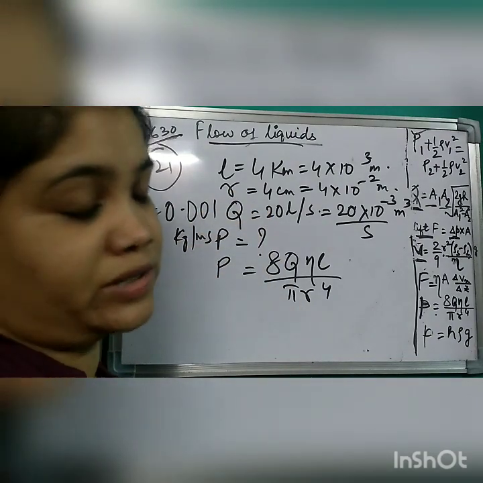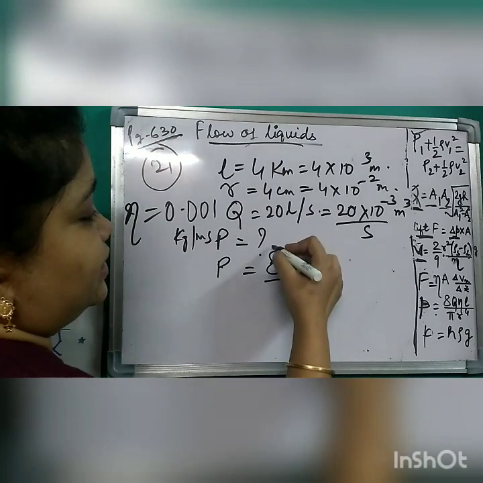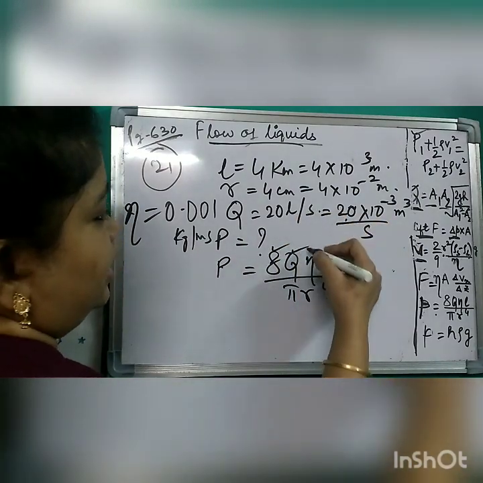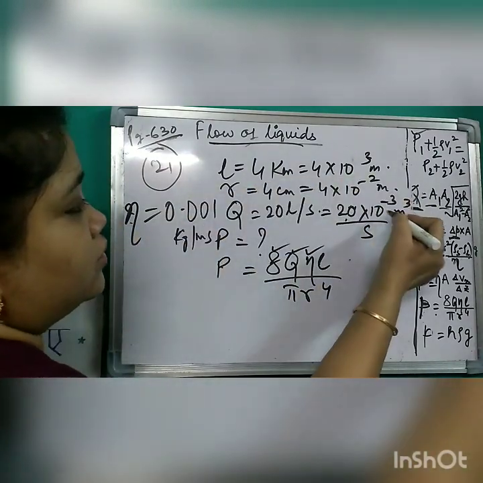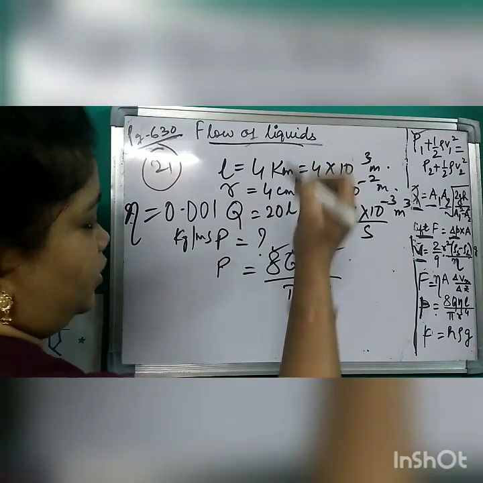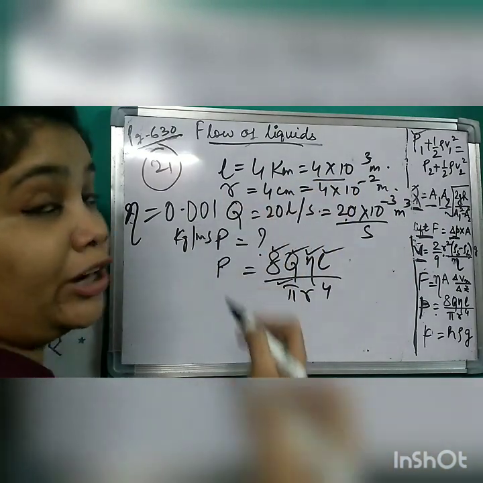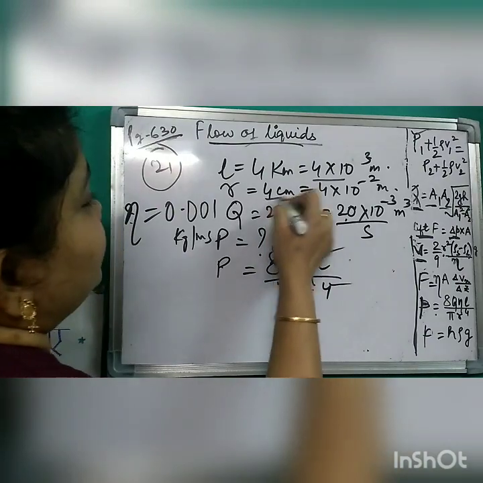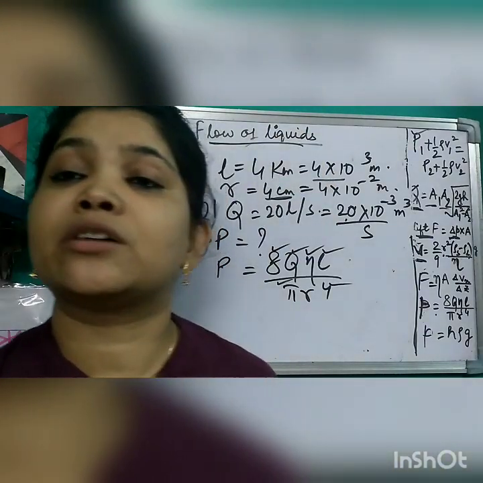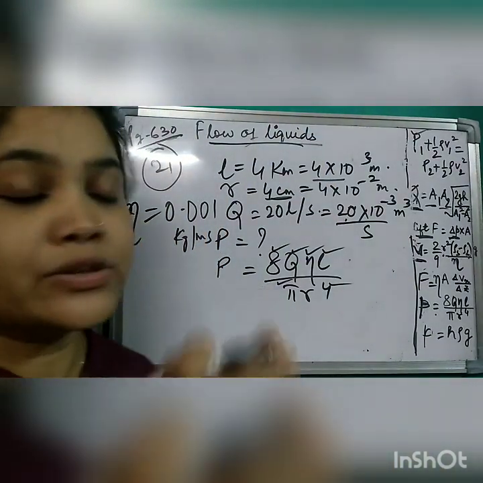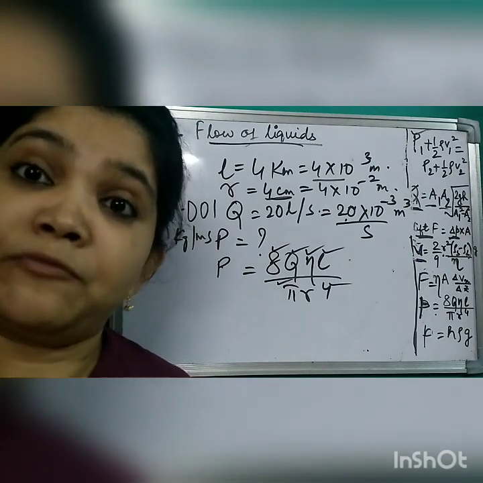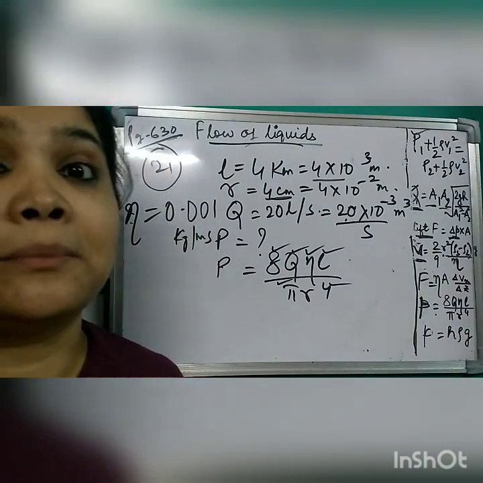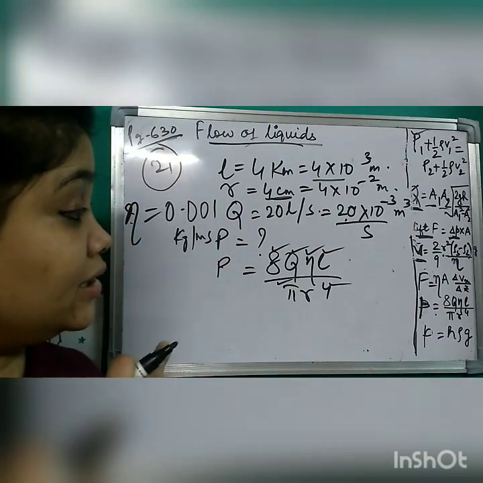You can see in your book it is given. So P is 8, Q you have got, eta you have got, then L is given. Pi is 3.14 and R is given. So just put it in the formula, solve and get the pressure. First you get the pressure.